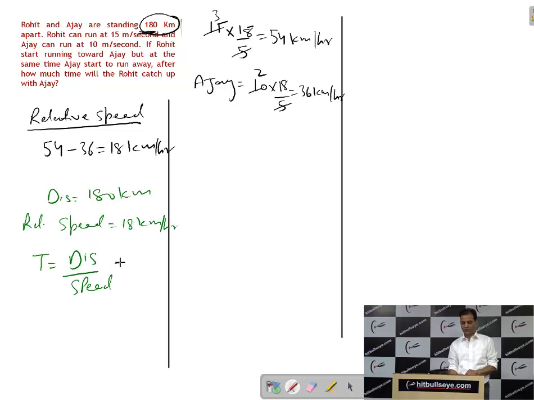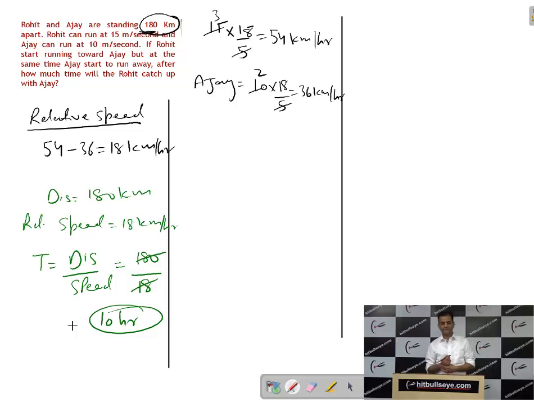What is the distance, students? 180. What is the speed? 18. That means after 10 hours, Rohit will catch Ajay. Is it clear?